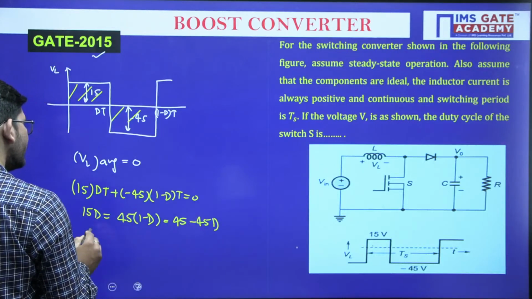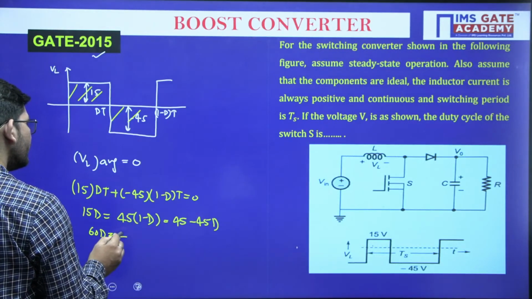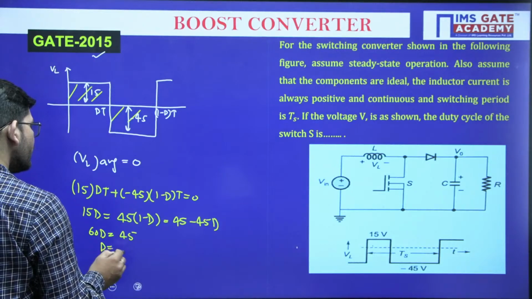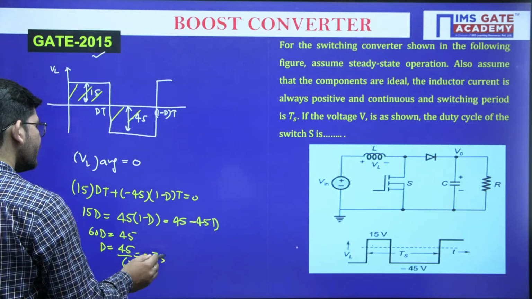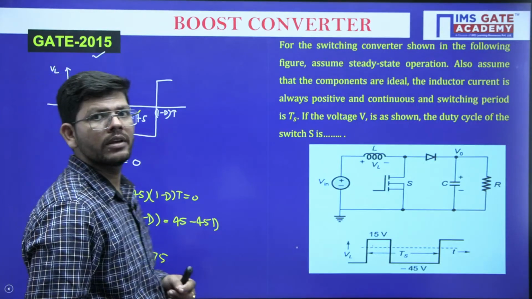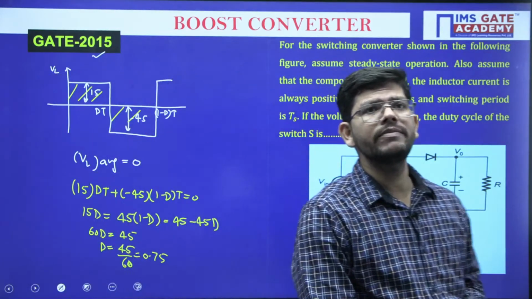Bringing it to this side, it becomes 60d equals 45. So d will be 45 by 60, and we get 0.75 as the duty ratio.